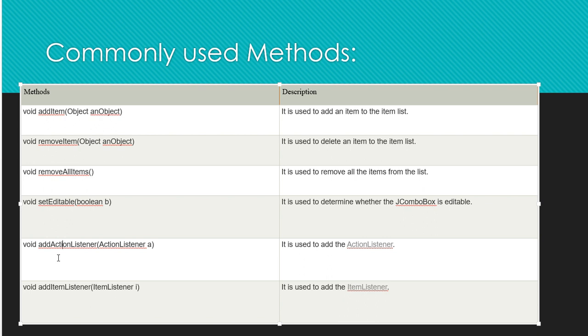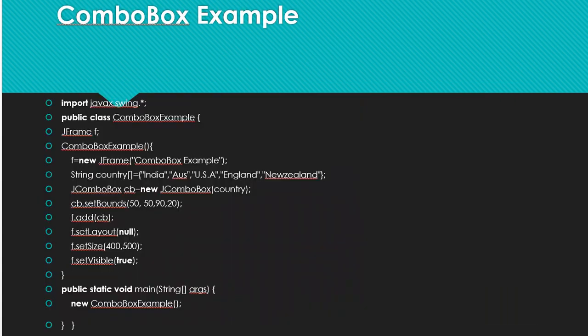I have already written one example here. You can see this is the example for JComboBox. First we need to take the package, that is import javax.swing.*. Now I will create a class for the JComboBox, that is public class ComboBoxExample.